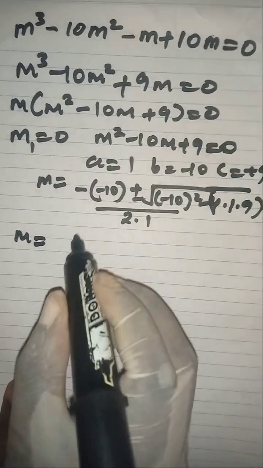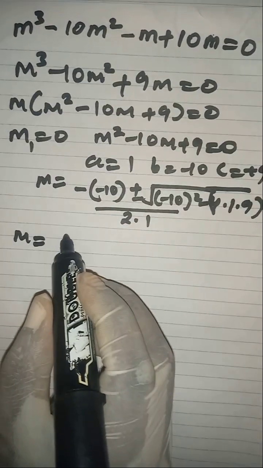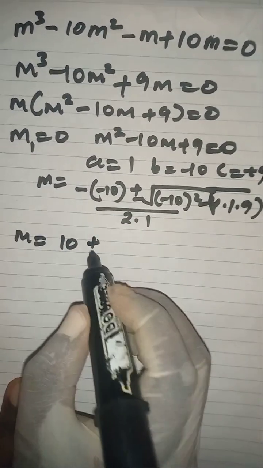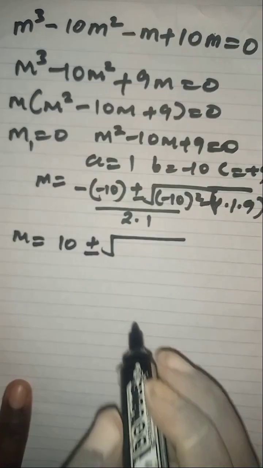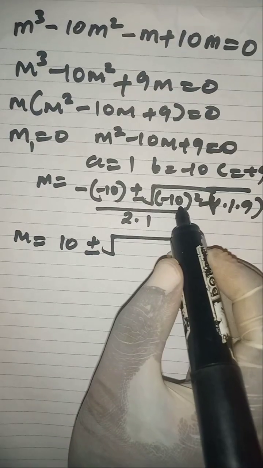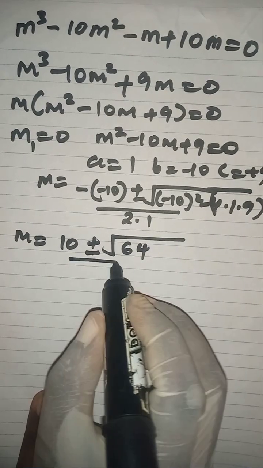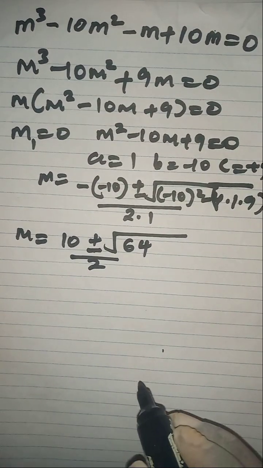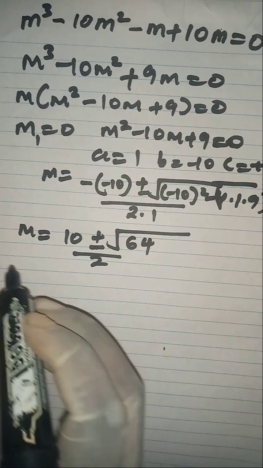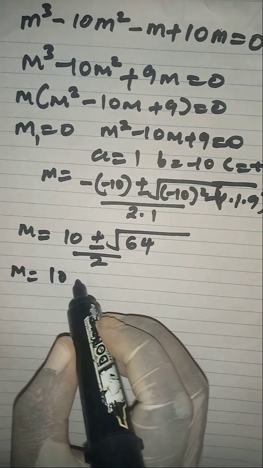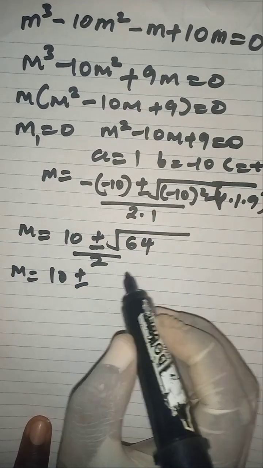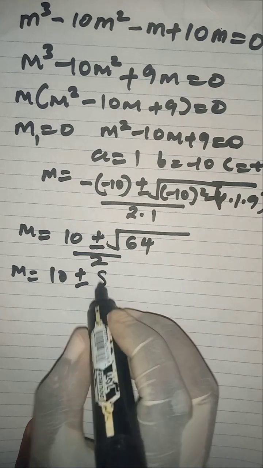M now becomes, if you open the bracket, negative times negative, I'm going to get 10 plus or minus the square root of, of course this is 100 minus 36, 64, all over 2. M becomes 10 plus or minus, of course the square root of 64 is 8.